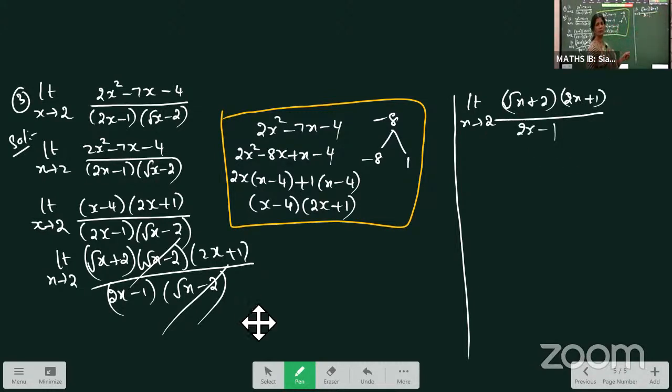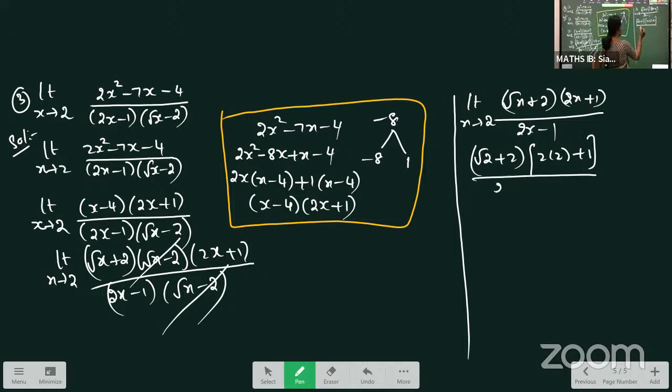Now in the limit, wherever x is there, substitute 2. So this becomes root 2 plus 2 into 2 into 2 plus 1 by 2 into 2 minus 1. So simplify.